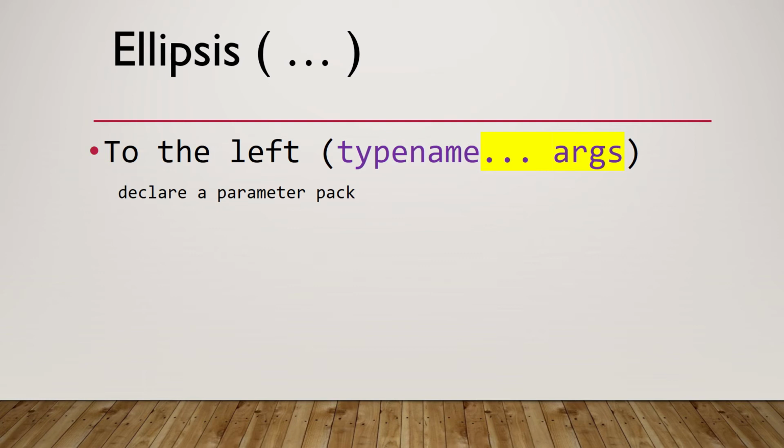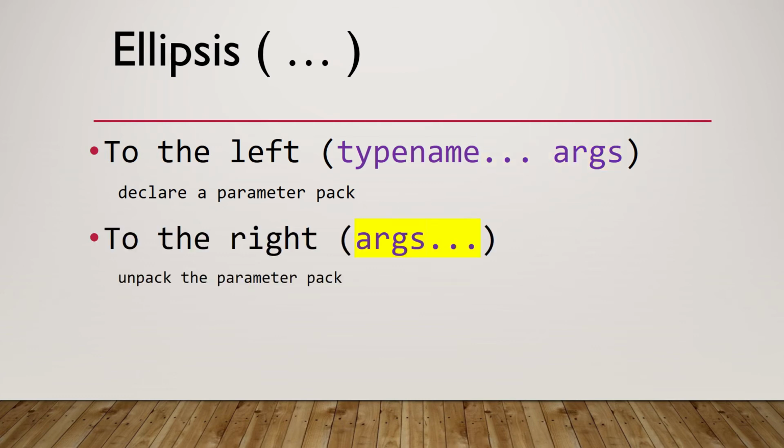One more note before we claim victory on learning Variadic Templates. The ellipsis operator in Variadic Templates has two meanings. First, when it occurs to the left of the name of argument args, it declares a parameter pack.